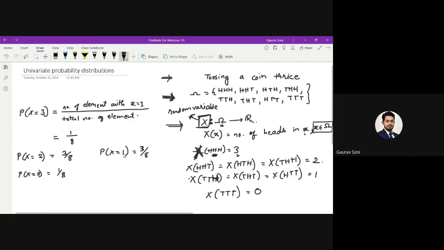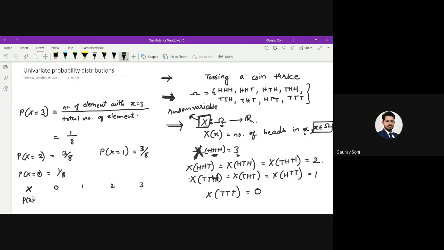So I can make a table from this. How can I make the table? I have the random variable x, which is taking the values 0, 1, 2, 3. Oh, there is no 4, only 3. And then I have another row which tells me p of xi, the probability.